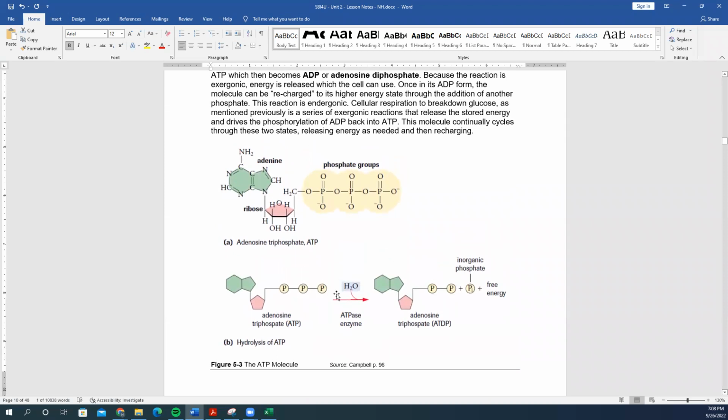And I don't have a picture of that here, but we'll certainly look at that reaction as we are looking at cellular respiration and glycolysis.